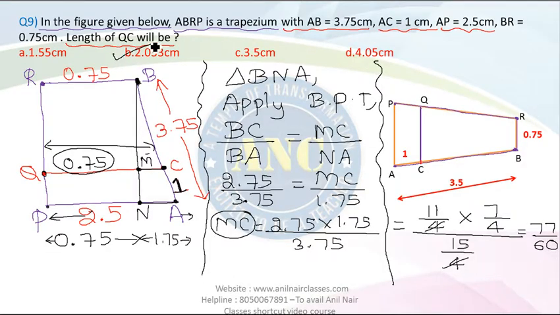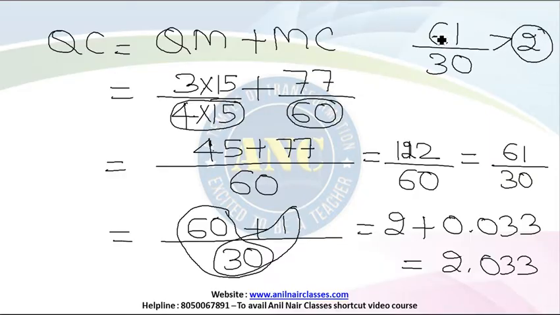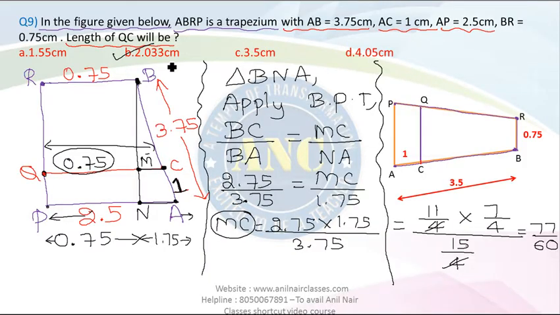This should be the answer. Or in simple language, you can say that 61 divided by 30 is slightly greater than 2, because 60 divided by 30 is exactly equal to 2. Out of 4 options given, the only option which is slightly greater than 2 is 2.033 centimeters.